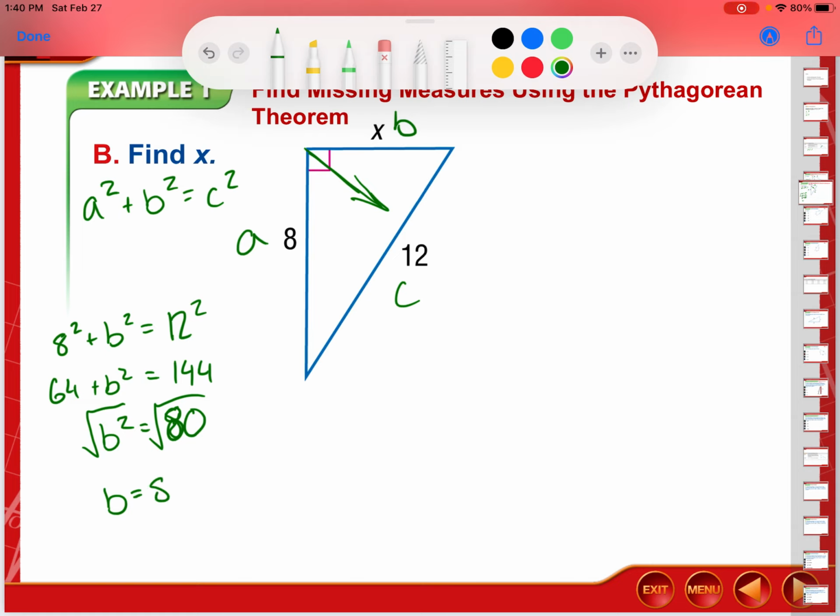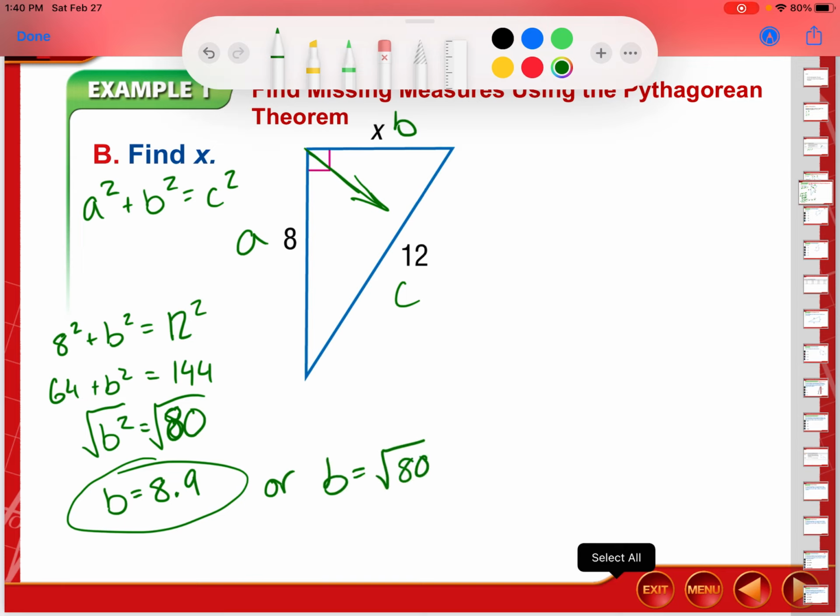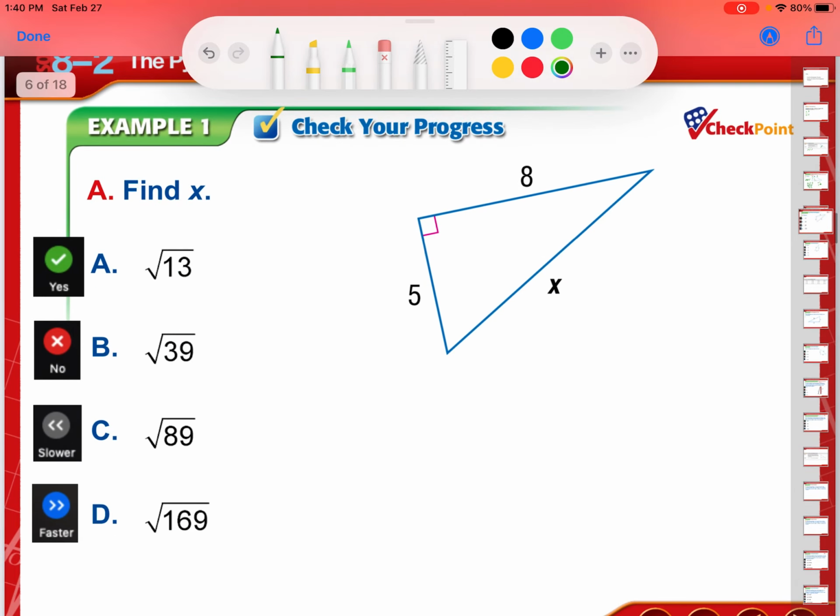So 8.94. B is going to equal about 8.9. Once again, if you wanted to, you could leave it as b equals square root of 80. That would be totally acceptable as well.